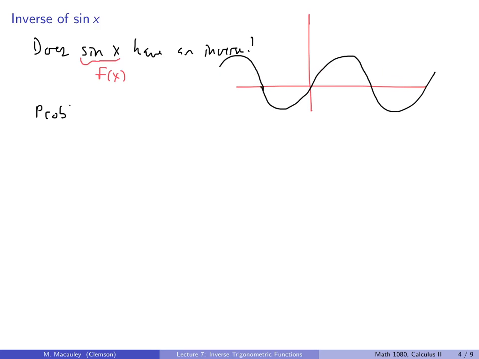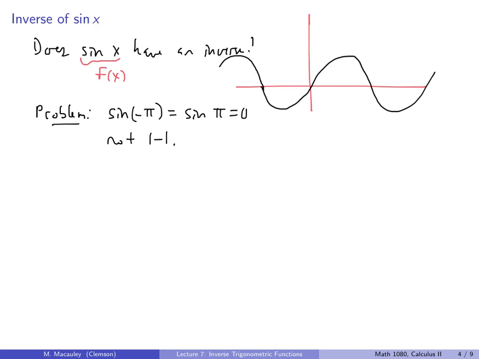So there's one problem, as I pointed out. One problem is that sine of negative pi equals sine of pi equals 0. So this is not 1 to 1. Now there's more than just pi, negative pi, where this is not 1 to 1.